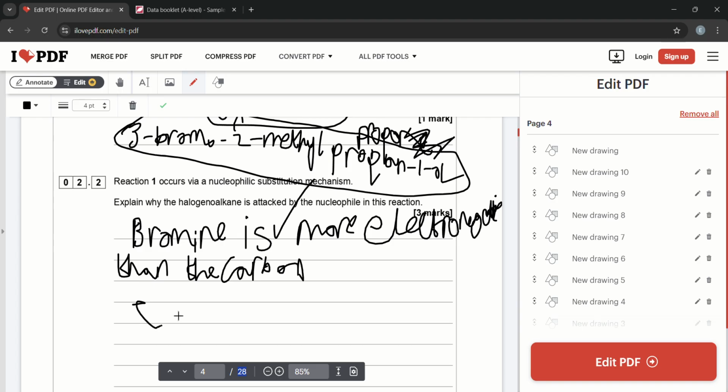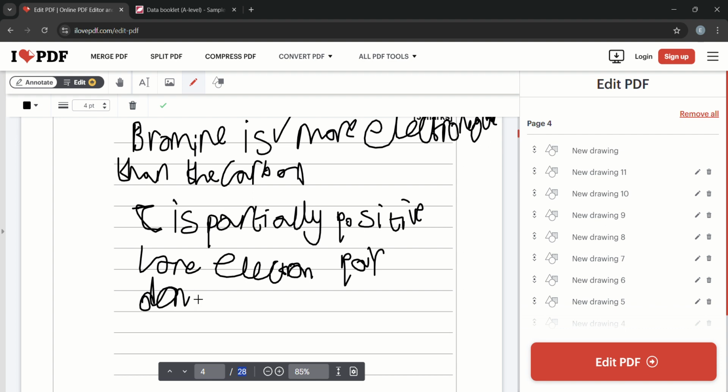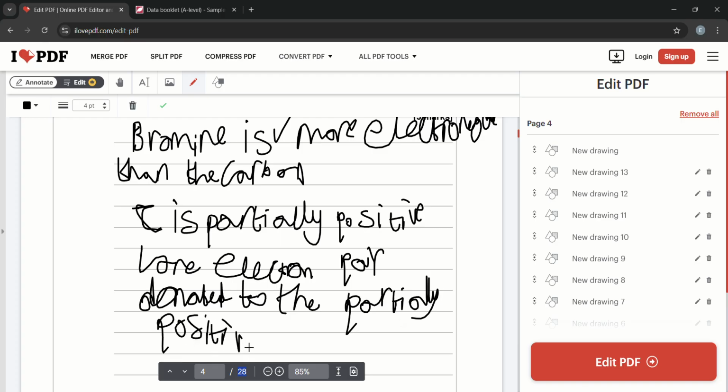Then about the carbon, well, the carbon is partially positive. Okay, electron deficient. Carbon is partially positive, and then what actually happens is that the lone electron pair is donated to the partially positive carbon.